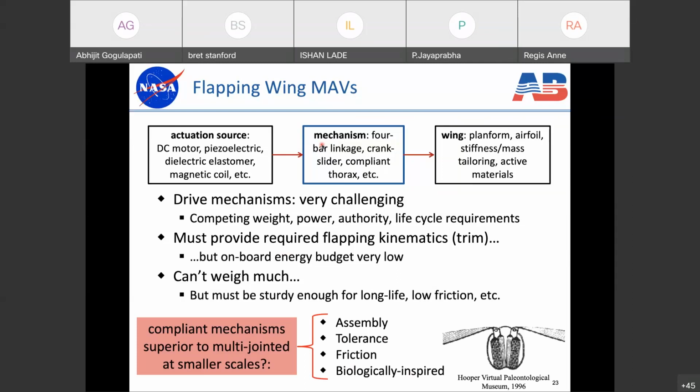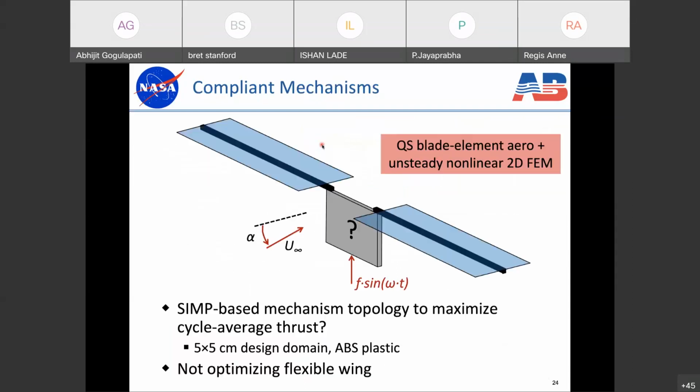Assembly, tolerance, friction, and a flexible compliant mechanism is biologically inspired as well, and that doesn't necessarily help us in any concrete way, but it can't hurt either. So we wondered, as is typical, if we could use topology optimization to develop a compliant flapping wing mechanism that can best flap 2 wings up and down in an aerodynamically optimal way.